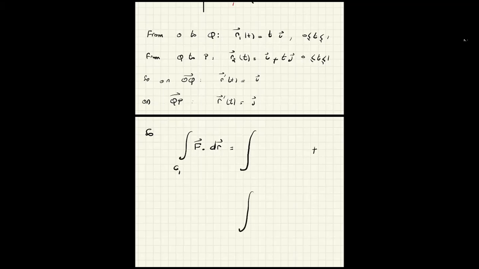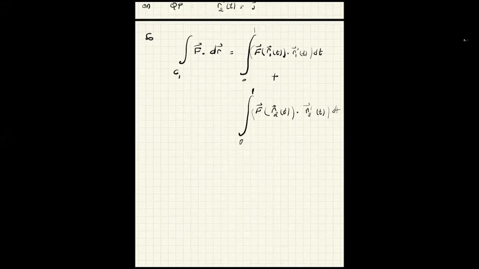Now I need to evaluate F on R1 of t, do the scalar product with R1 prime of t, dt, from 0 to 1, plus from 0 to 1, F evaluated on R2, scalar product with R2 prime, dt, parameterized from 0 to 1 as well.